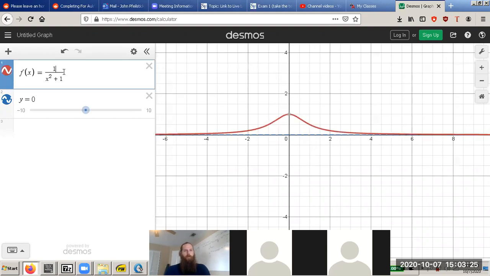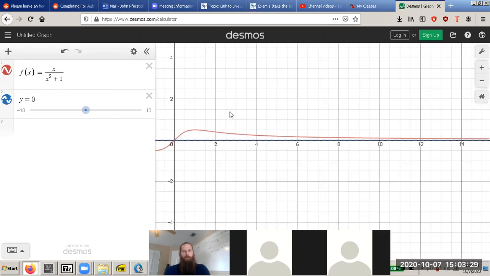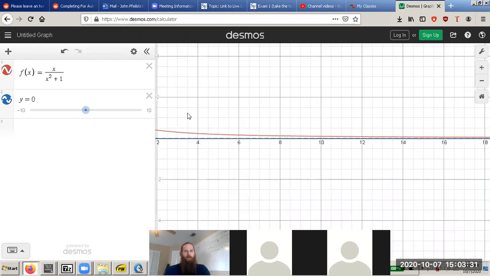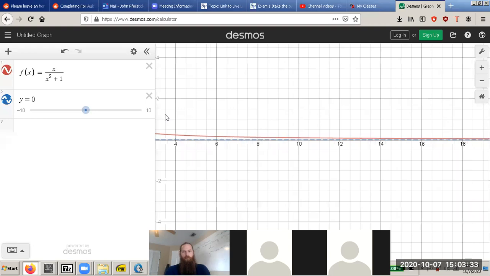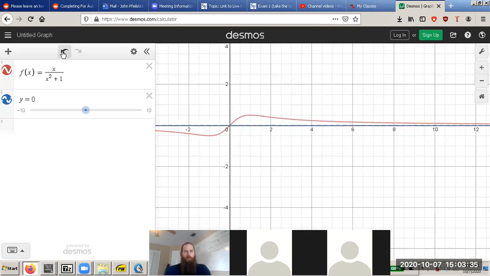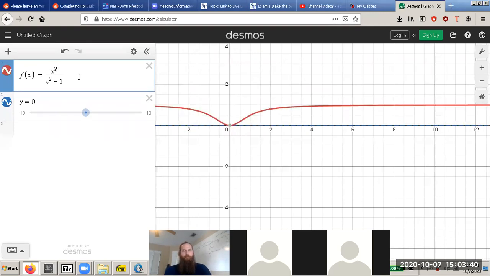If I fiddle with the numerator a little bit, this guy still has y equals 0 as a horizontal asymptote. But if I make the top x squared instead of just x, things change.